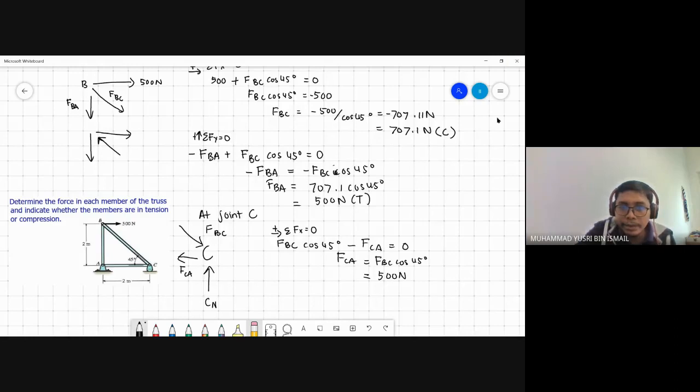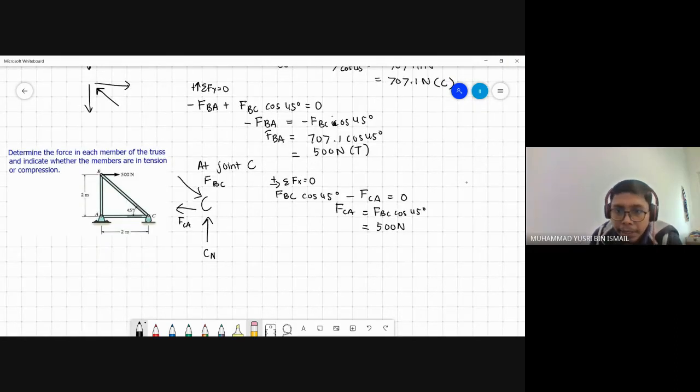So now is to determine the upward forces, which is Fy equal to 0. So we have Cn, then FBC, FBC cos 45 degree.